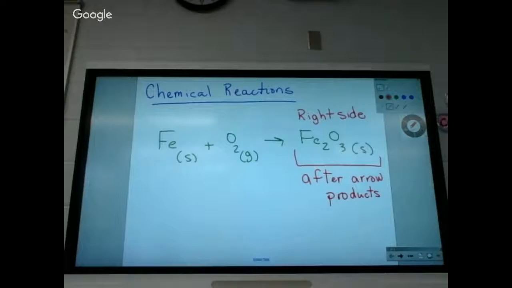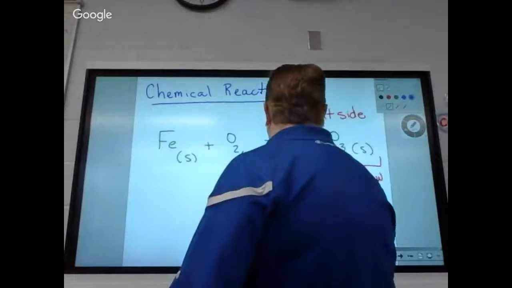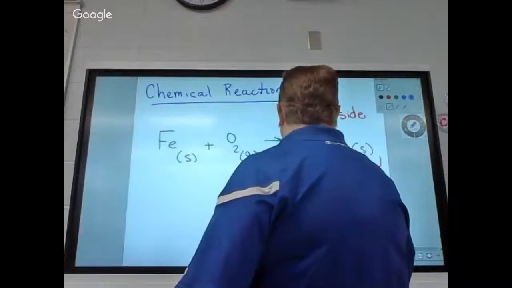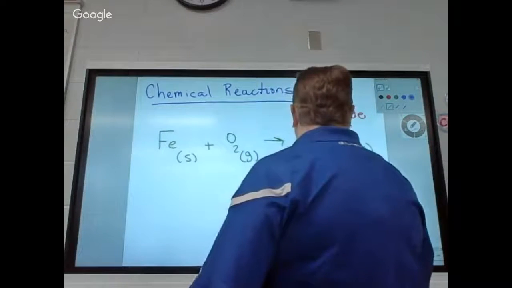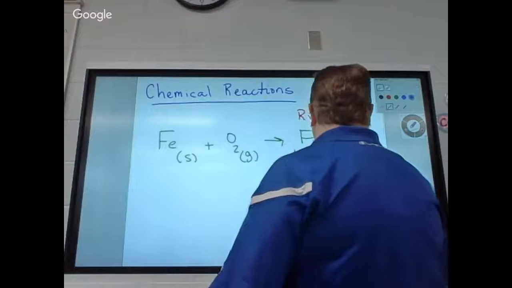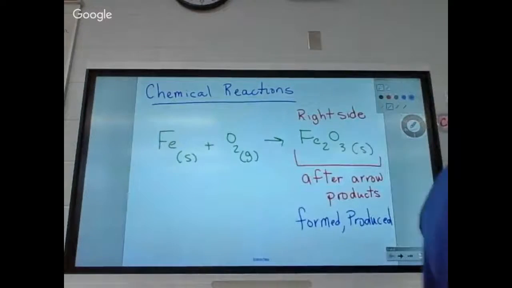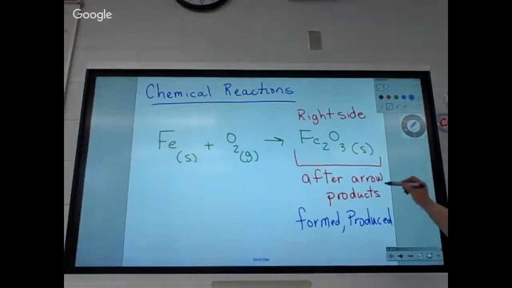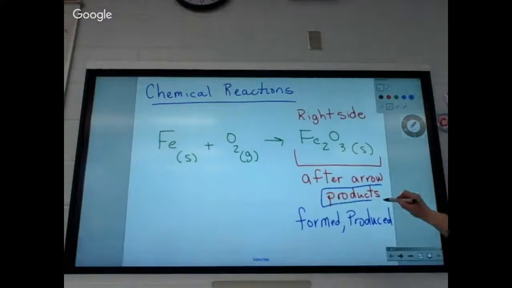They're formed, produced. Okay? We often refer to these as formed or produced. That's why they're products. Okay? Anybody else got something else they remember? Reactants. Reactants, good.